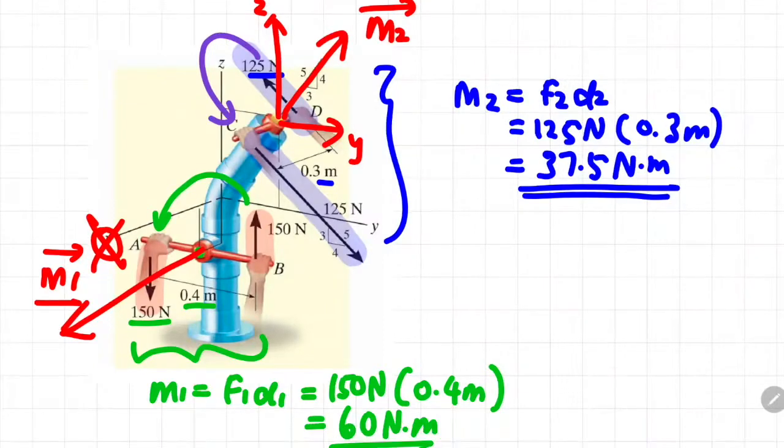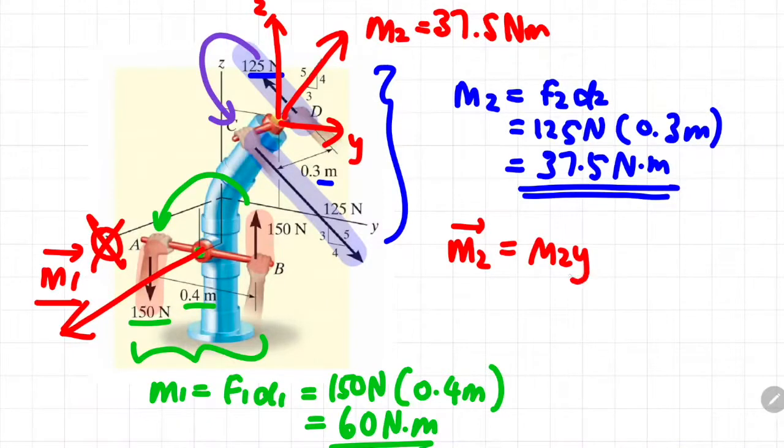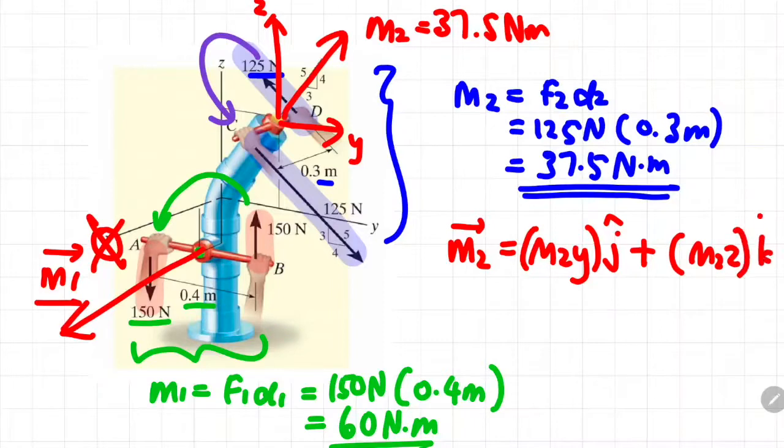So the magnitude of this particular moment is 37.5 Newton meter. If I were to rewrite the moment in a vector form, it will be M2 in the Y direction, so this would be the direction of j, plus M2 in the Z direction, and this would be the magnitude in the direction of k.